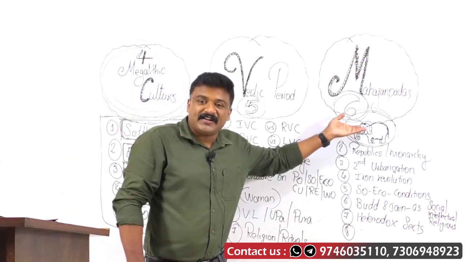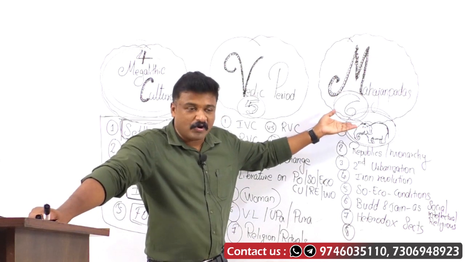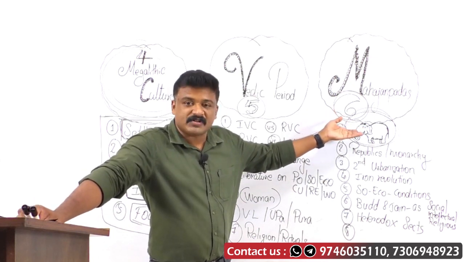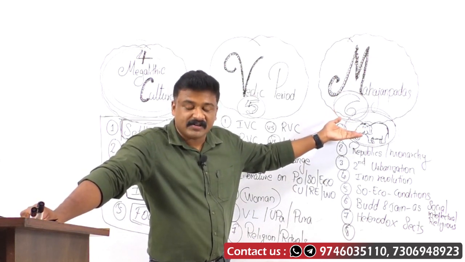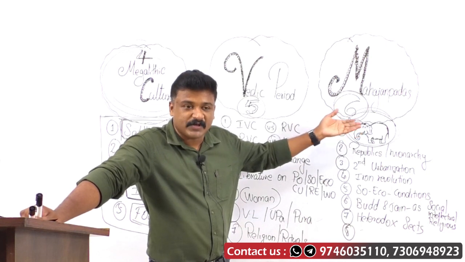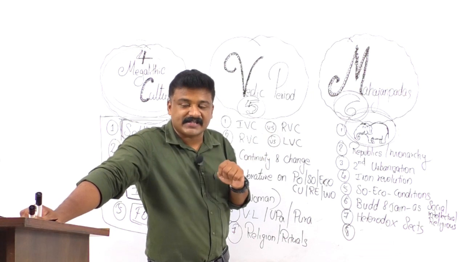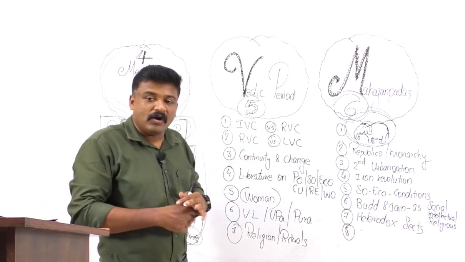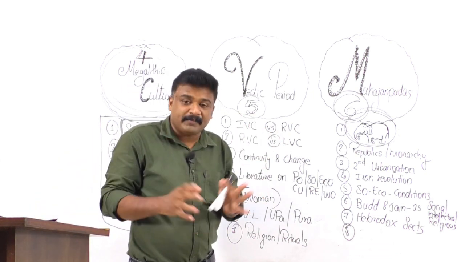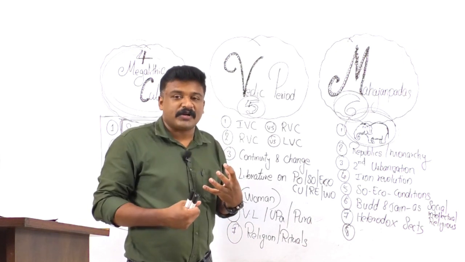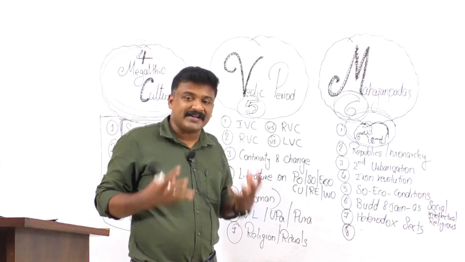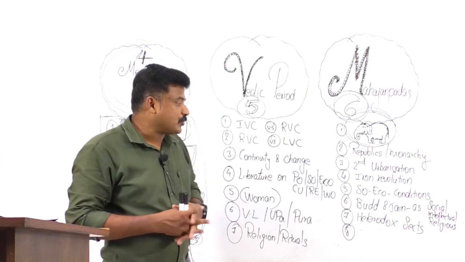Alexander invaded the northwestern portions of the Indian subcontinent, but his soldiers refused to move to the eastern side. They refused to fight with the Magadhans because of their iron technology, war elephants, etc. So you will have to study about Magadhan imperialism and the factors contributing to the growth of these monarchical states in the 6th to 5th centuries BC.